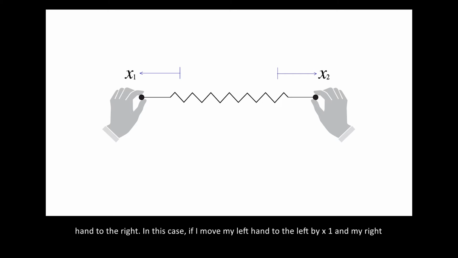If I move my left hand to the left by x1 and my right hand to the right by x2, the total deformation of the spring will be x1 plus x2.